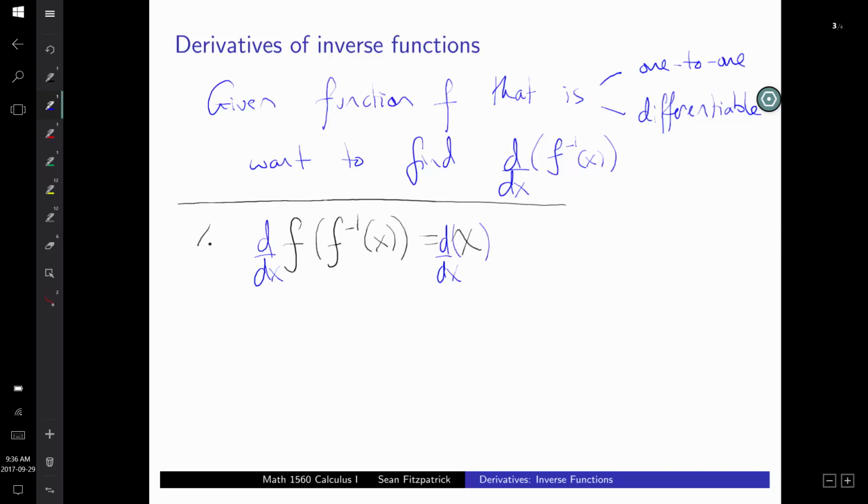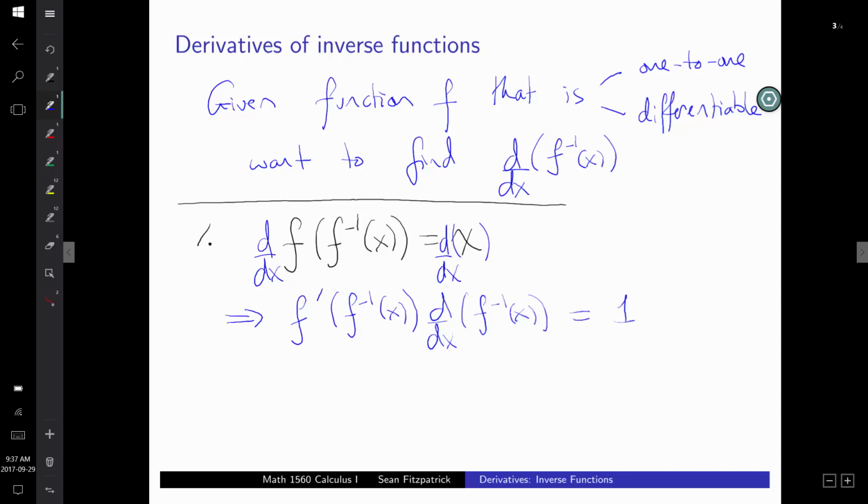On the left-hand side I've got one function composed with another, so I've got to use the chain rule: f prime evaluated at f inverse of x. Derivative of the outside evaluated at the inside, then I multiply by the derivative of the inside. What's the derivative of x with respect to x? Well, that's just 1.